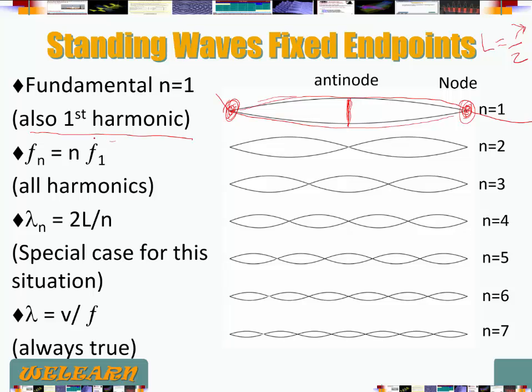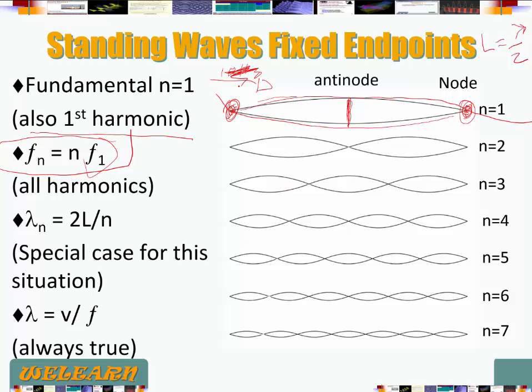The harmonics are related through a very easy relationship. Harmonic 1 is 1 times the fundamental frequency. Harmonic 2 would be 2 times the fundamental frequency. So let's say this first one is oscillating at 10 Hertz. Then the second harmonic would be 20 Hertz. The third harmonic would be 30 Hertz, and so on.